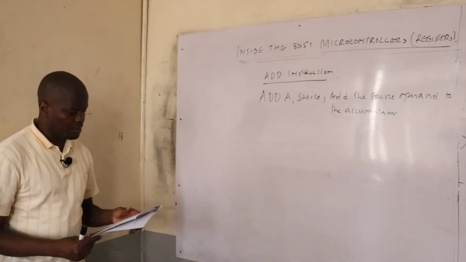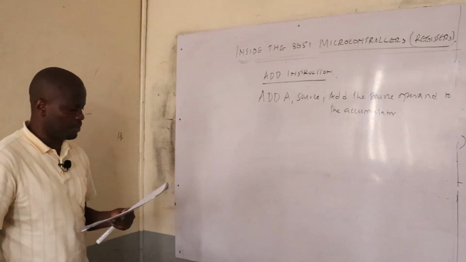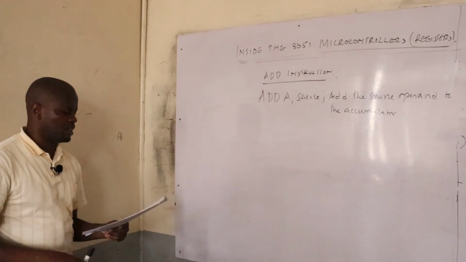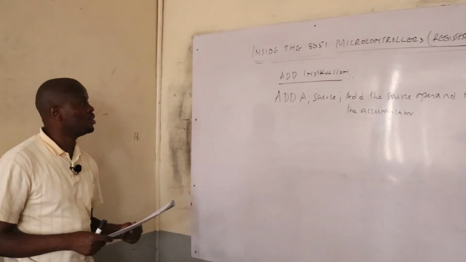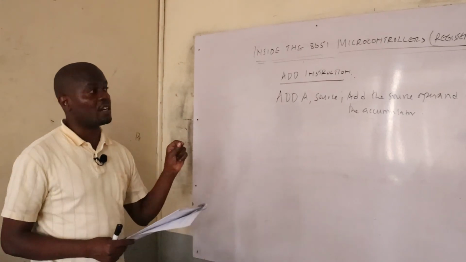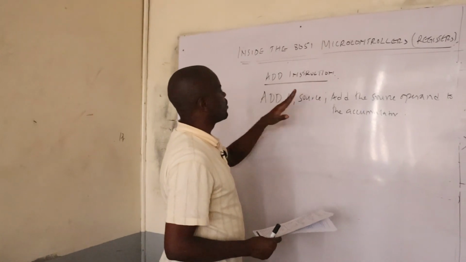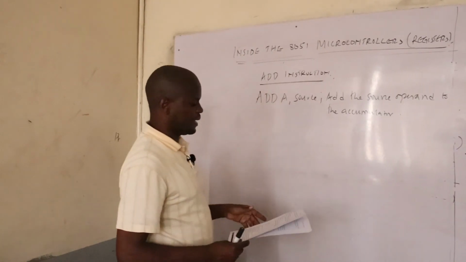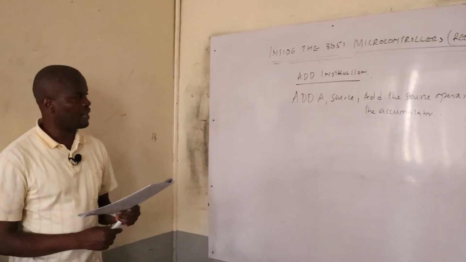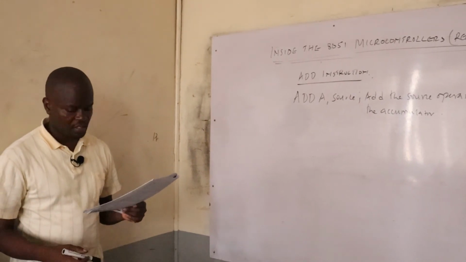The add instruction tells the CPU to add the source byte to register A and put the result into register A, which means at the end of that instruction, you are adding what is in the source to register A, and the result will again be stored in register A. So maybe we can give a small example on how to add two numbers and see how the trace table will look.